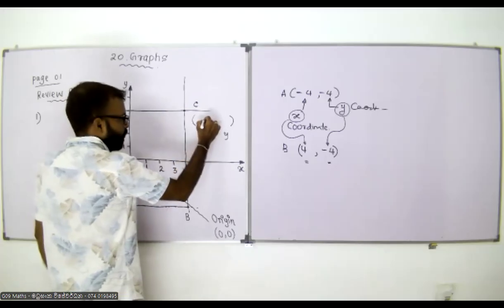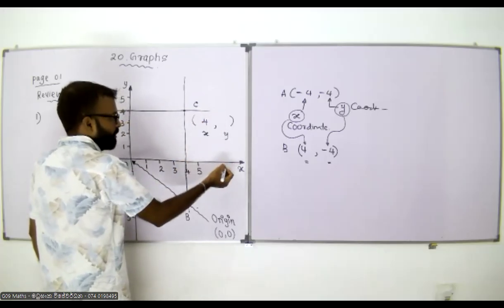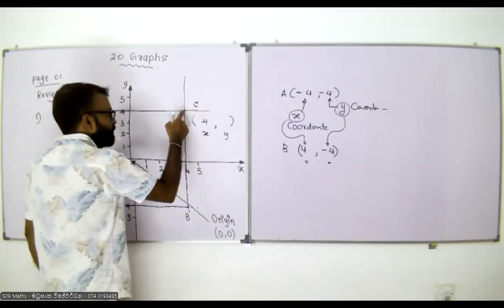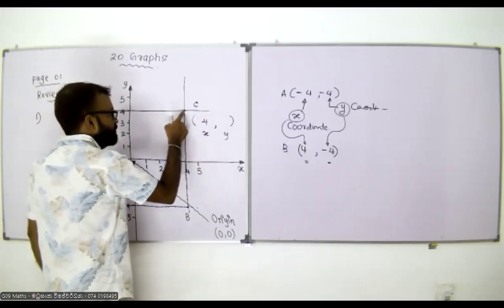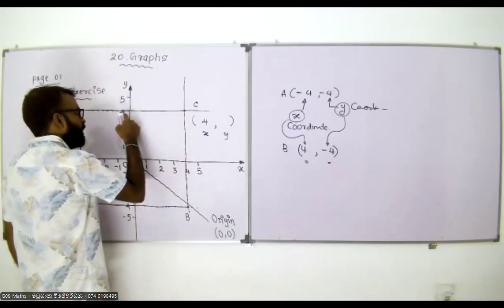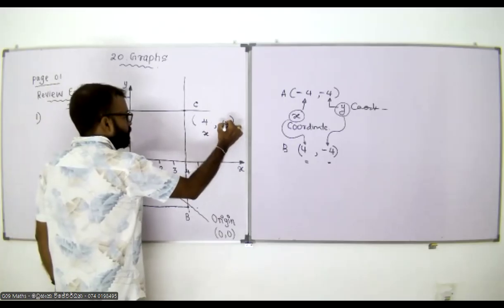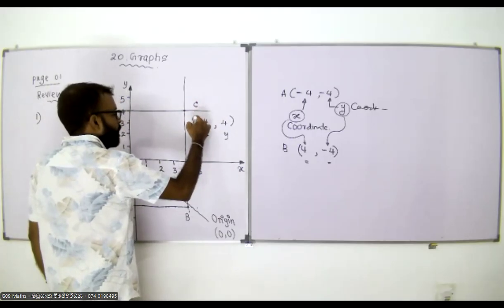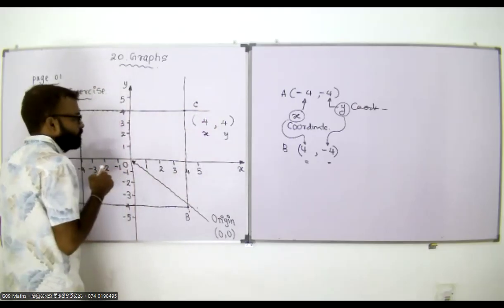That is positive 4, right? To read the y coordinate from point C, go to your left until you meet the y-axis. That is also positive 4. So the coordinates of point C are (4, 4).